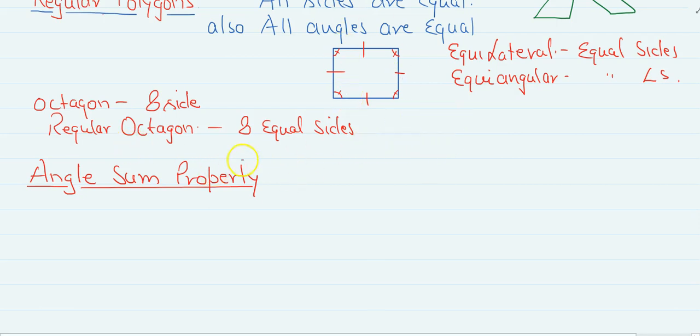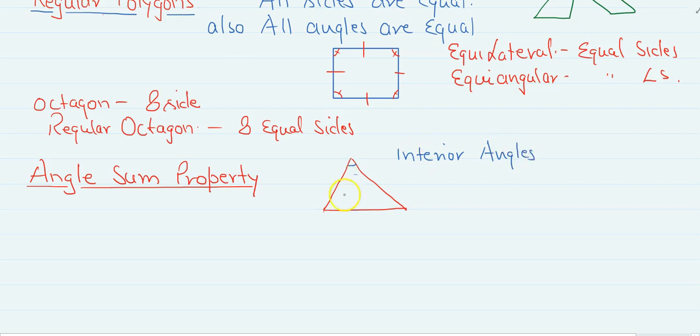Now the angle sum property. What is the sum of all the angles of a polygon? And we are talking about interior angles.